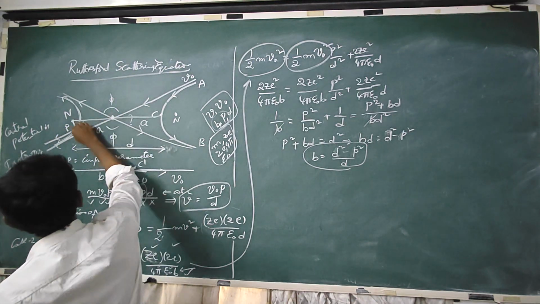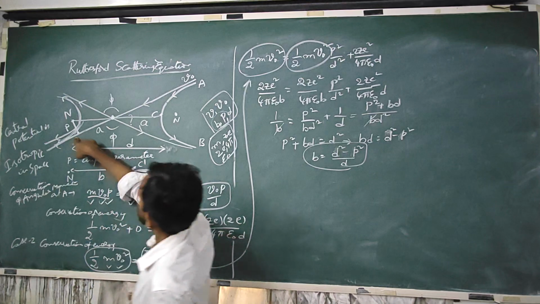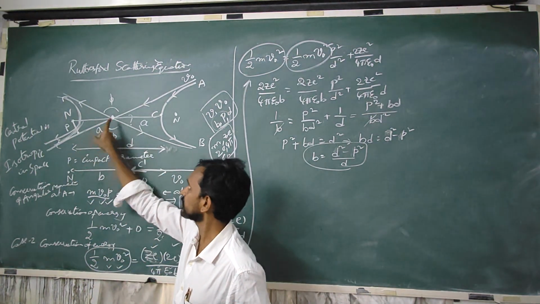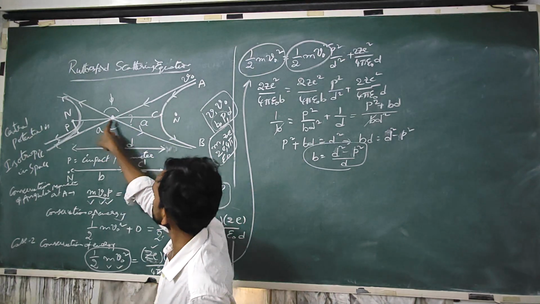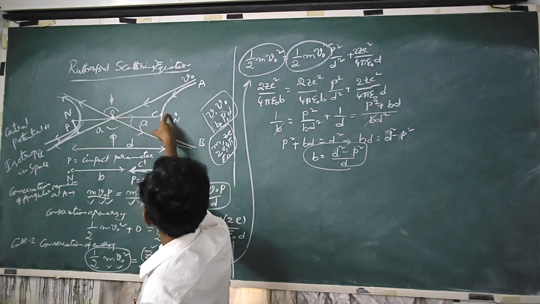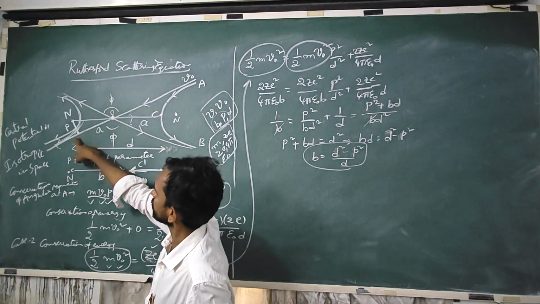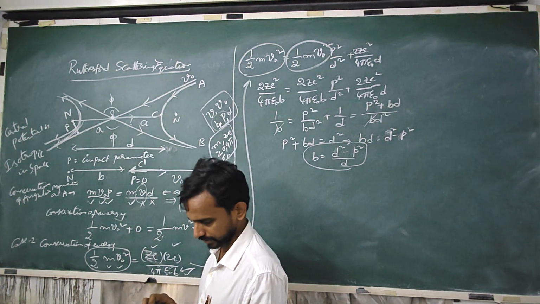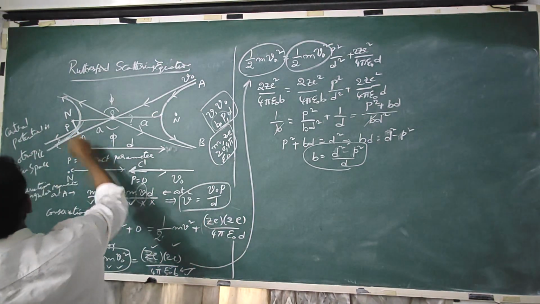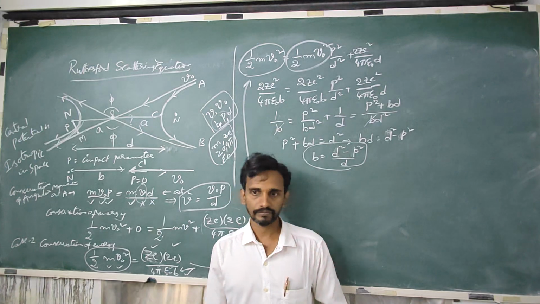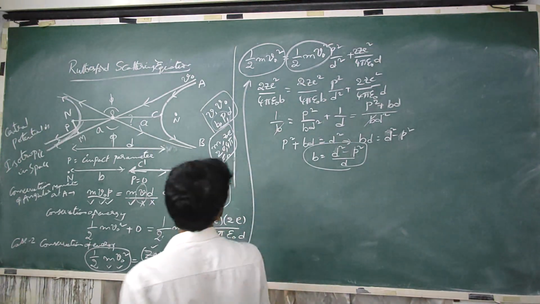So from the center of the hyperbola, every point on the hyperbola will be at equal distance. So if this distance is A, let's say I call this O. If OC is equal to A, then OP, what did we mark? We call it M. So OP is equal to OM is equal to A.